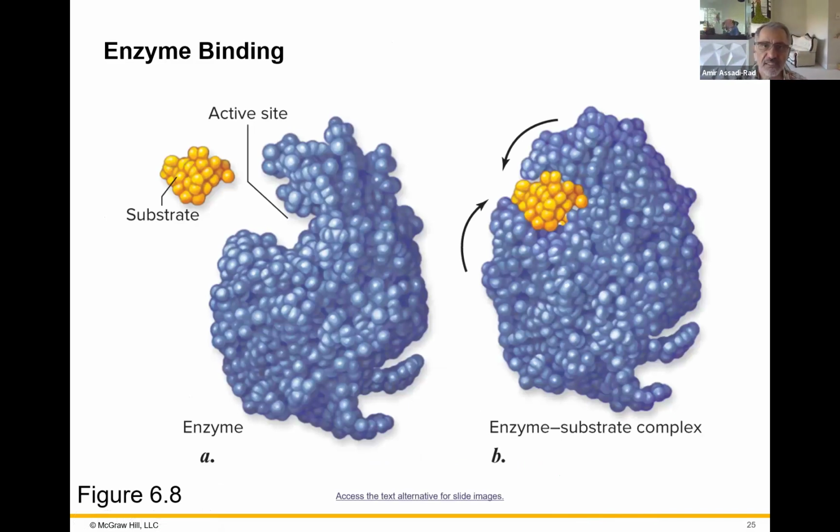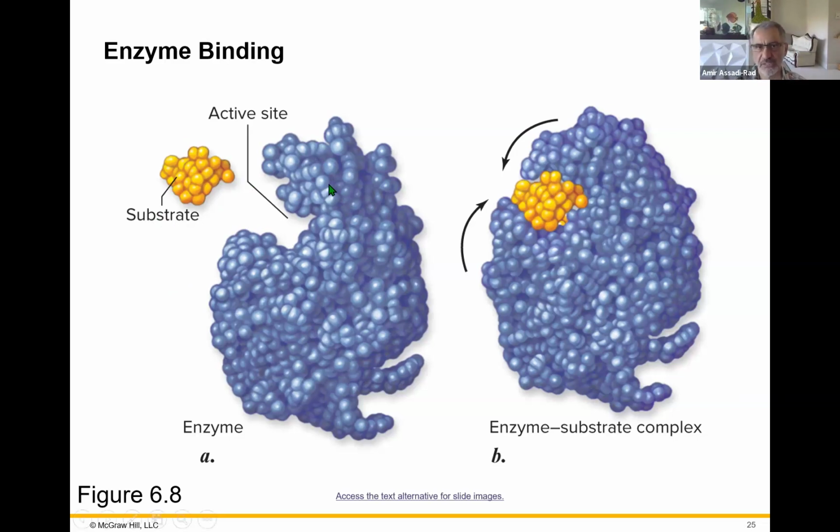Okay, so remember, this is an enzyme. Each one of these little blue balls is an amino acid. Remember that? So this is a substrate. By definition, a substrate is something that an enzyme acts on.